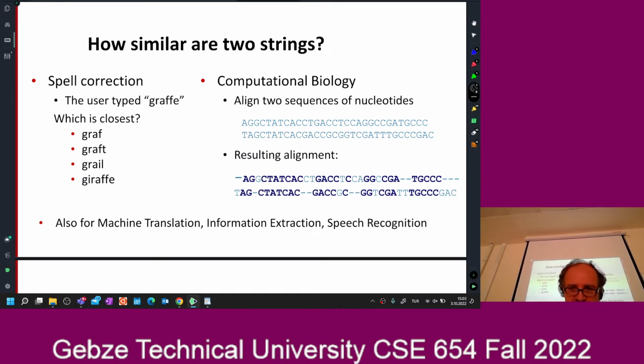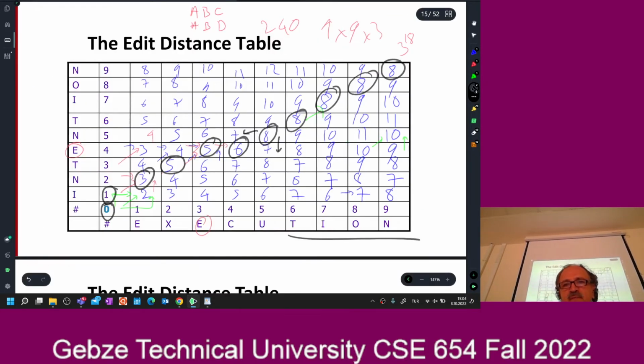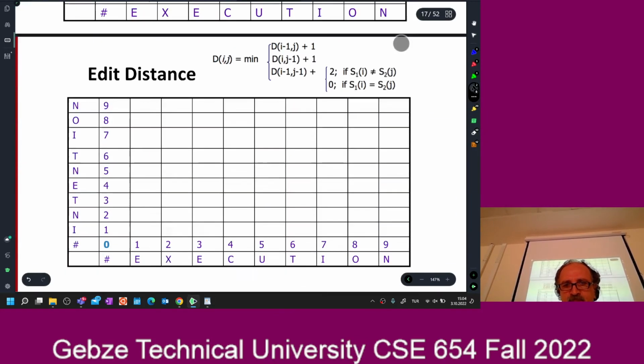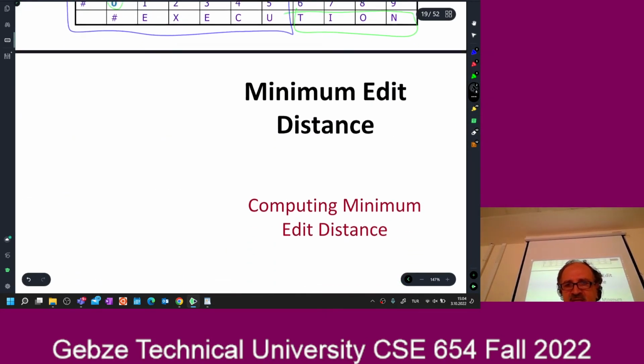But sometimes it is important to know which replacement, which substitutions, or which insertions I am doing. In this case, the edit distance between these two is important, of course, but I would like to know where I insert what, or at what position I would substitute. So for that, this table is not enough. I need to do something, and I am going to show you that in a few minutes.